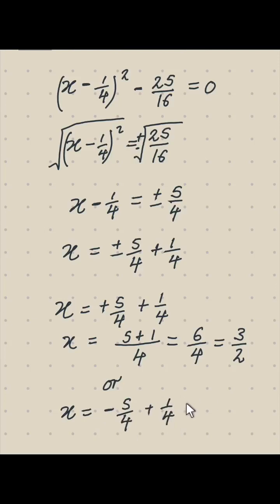So these are fractions. We are going to find negative 4 over 4. Then 4 into negative 4 will give us negative 1. So these are the two values of x, negative 1 and 3 over 2.